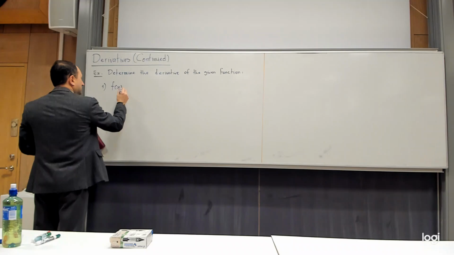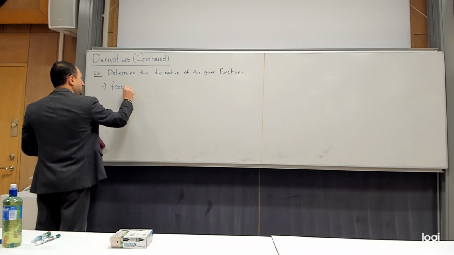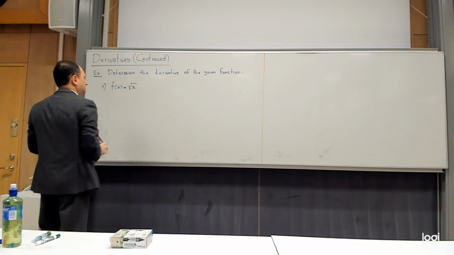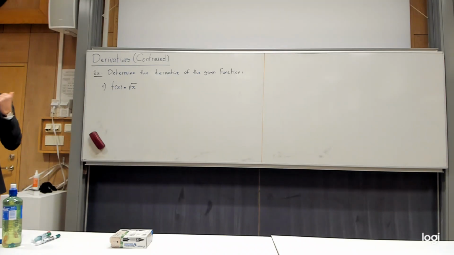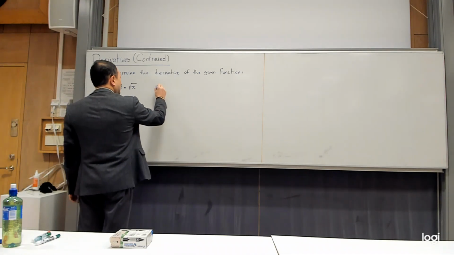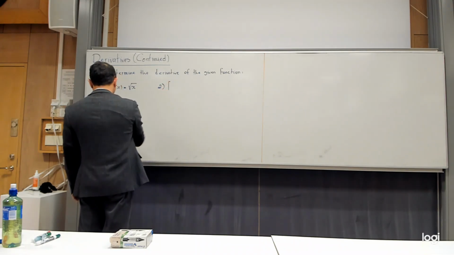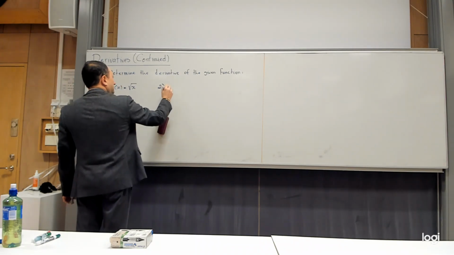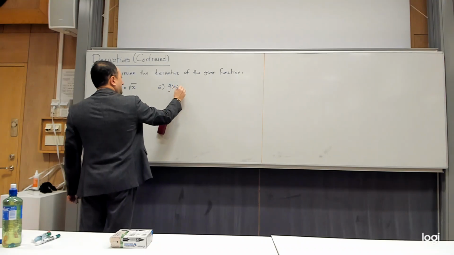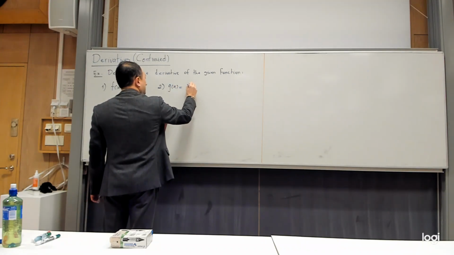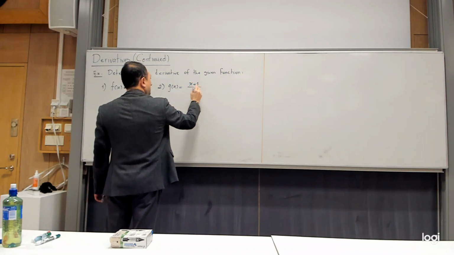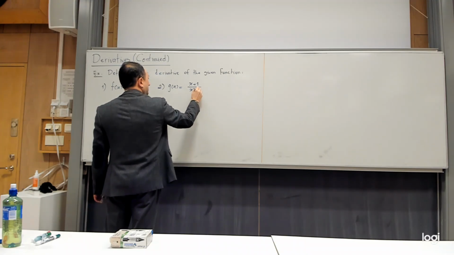I want to make it, so let me make this square root of x. In principle, from what you have learned in Math 3C, you should be able to do it, yes, square root of x. And the second one, I make it a little bit harder because that would be the last thing. So let me change the name of my function to g this time, and then let me write it as x plus 1 divided by x minus 1.